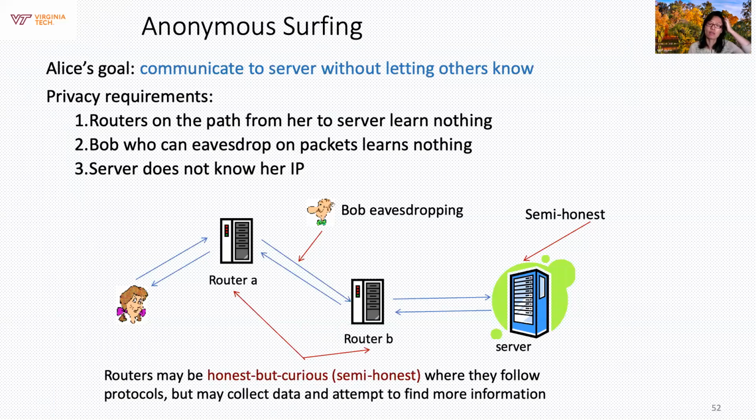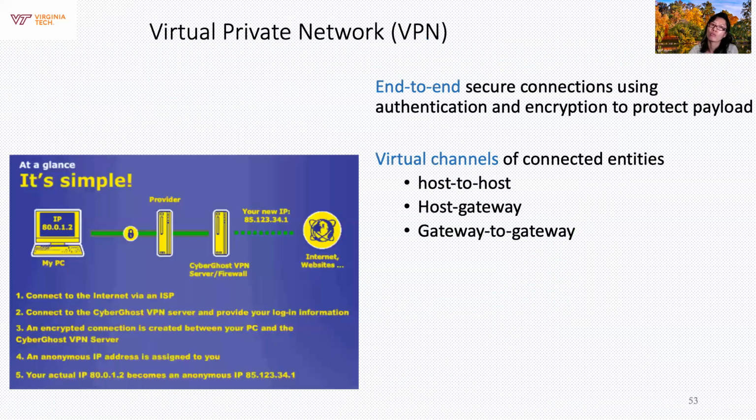A lot of the time you have routers who may be eavesdropping, and they may be compromised, and people eavesdrop at the routers and are able to intercept traffic. When you read cyber attack news, it often mentions the difficulty of pinpointing the location of the attacker.